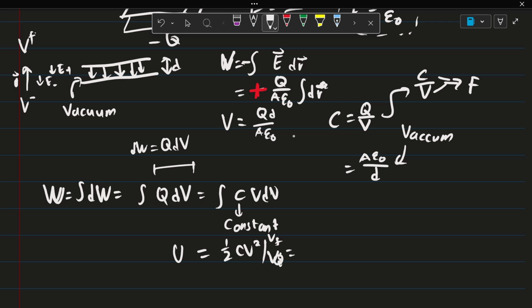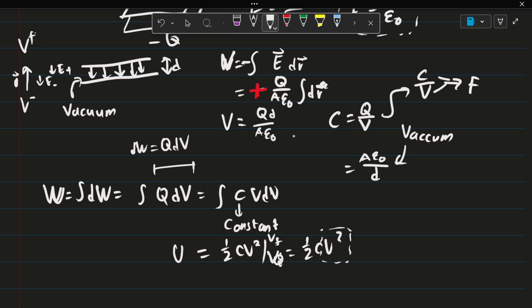We'll just define the potential energy when the voltage is zero. So we could just obtain this half CV squared, where the V here is the final, or it's pretty much the definition of our potential energy.